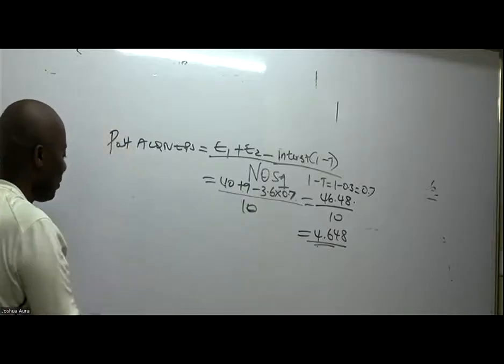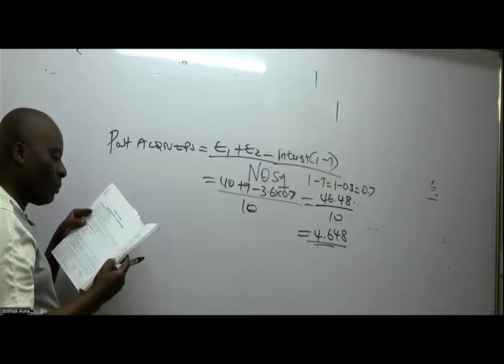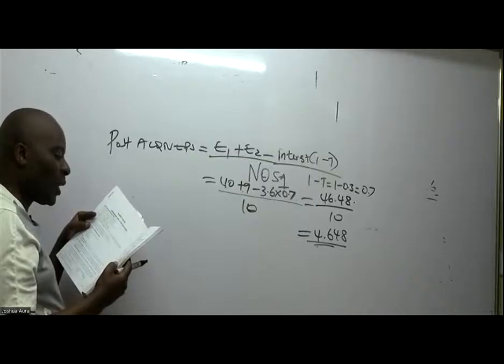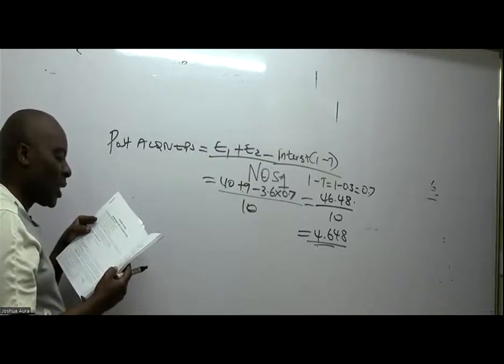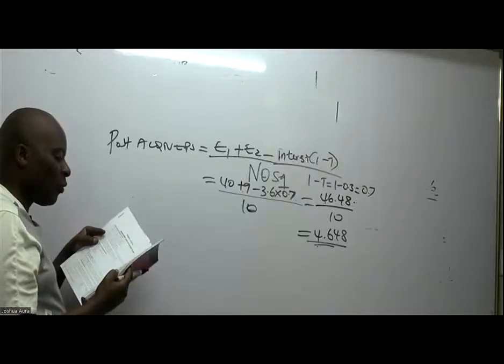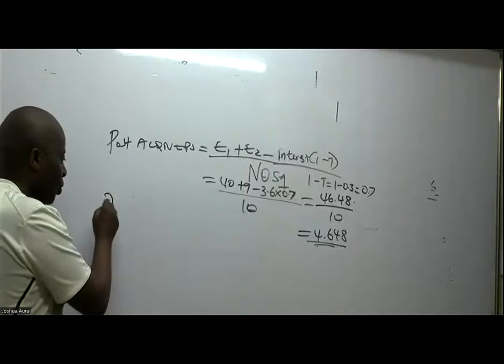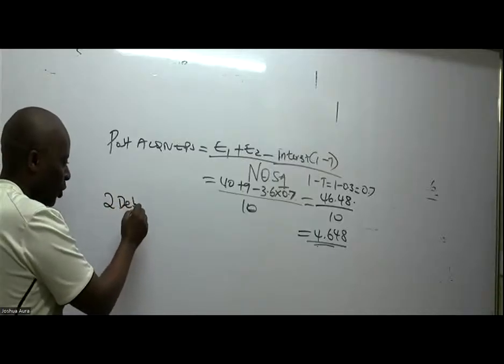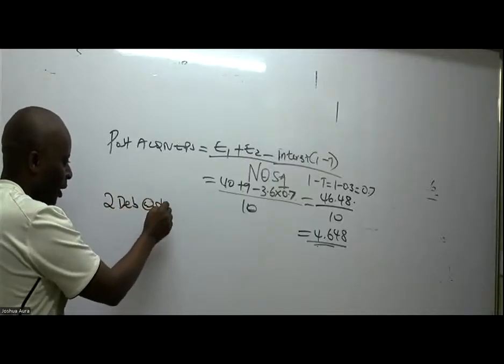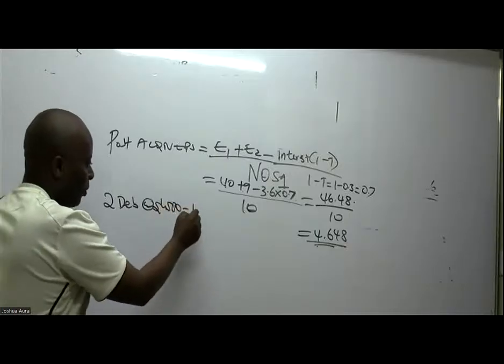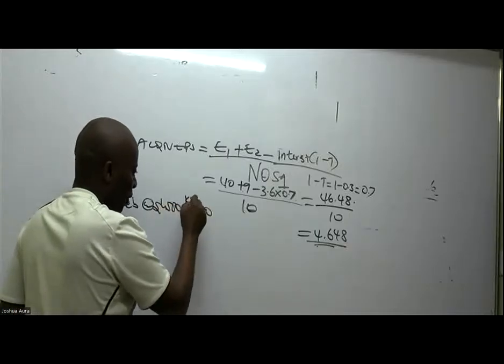Remember in the total debt, they were giving us 100 ordinary shares, and we were giving them 12% debentures of 500 par value. So we were giving them two debentures, and each debenture is 500. This is how we were able to get 1,000 Kenya shillings.